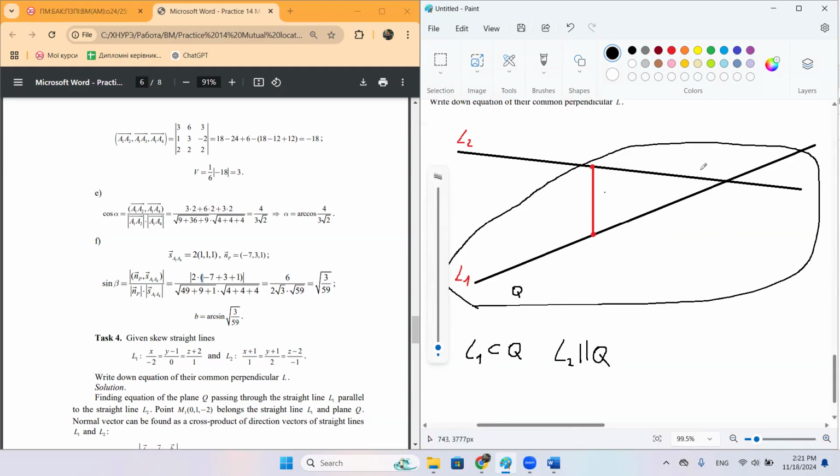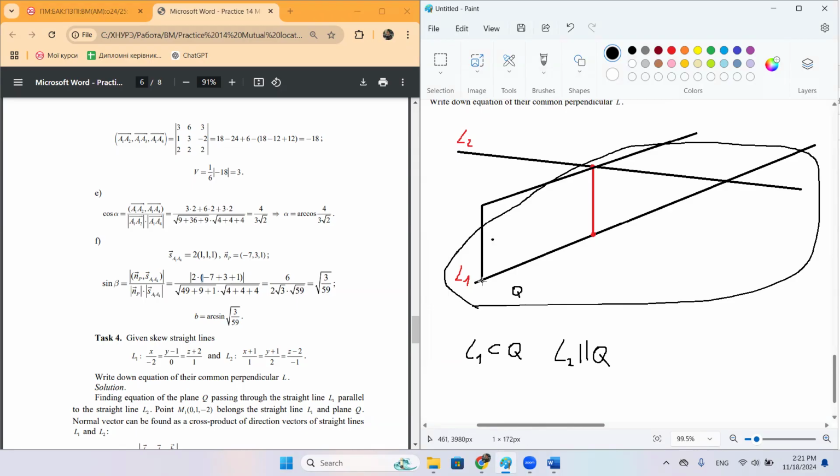So we need to find this plane. And then we need to find two perpendicular planes, two planes passing through these straight lines and perpendicular to each other. Let me try to draw it.